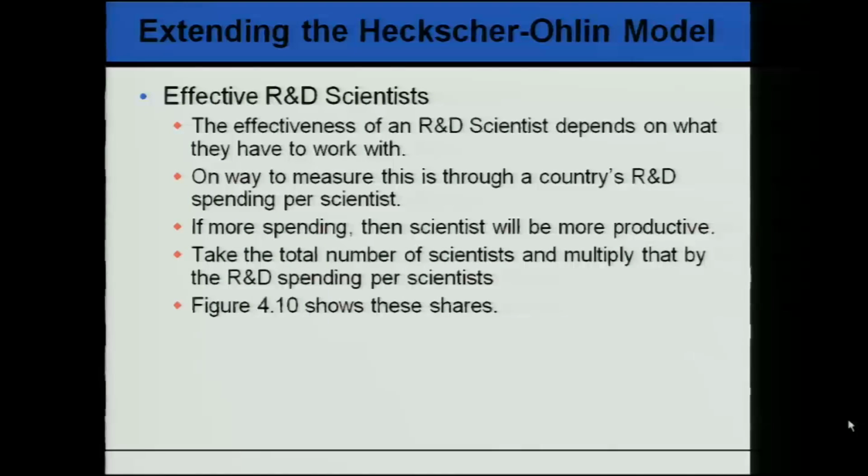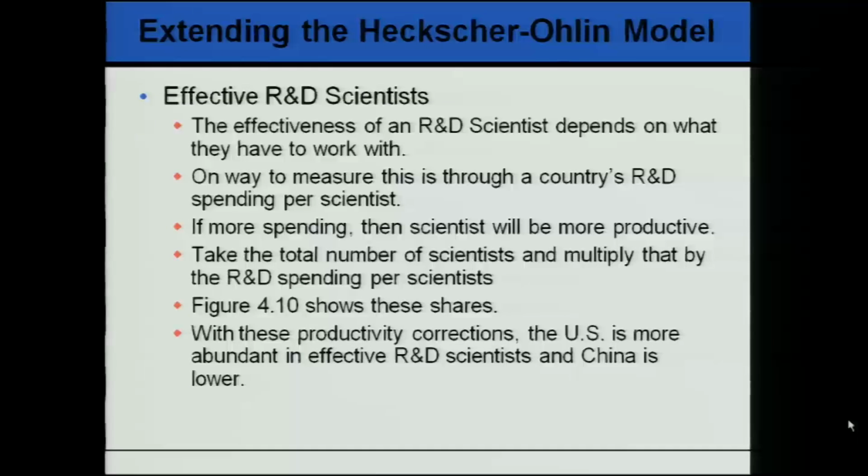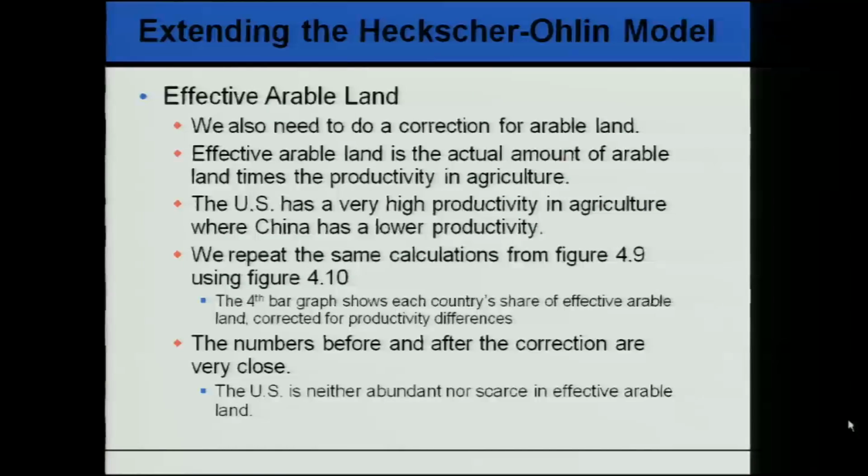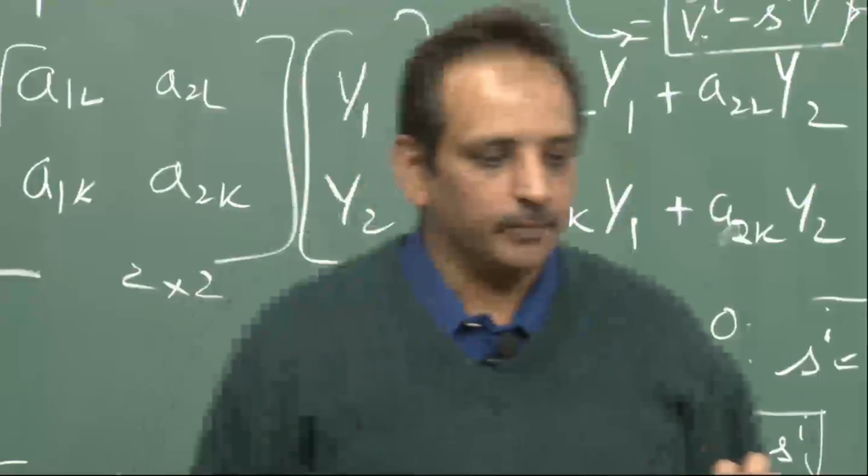Take the total number of scientists and multiply that by the R&D spending per scientist. This will give you the effective R&D scientists. With these productivity corrections, the US is more abundant in effective R&D scientists and China is lower. Now, you can put the same sort of argument for India and the United Kingdom.